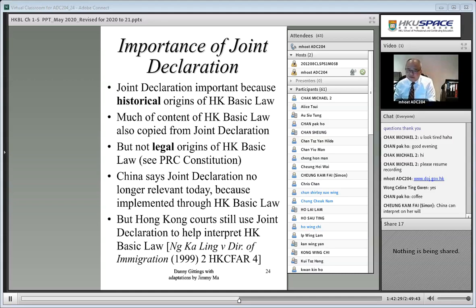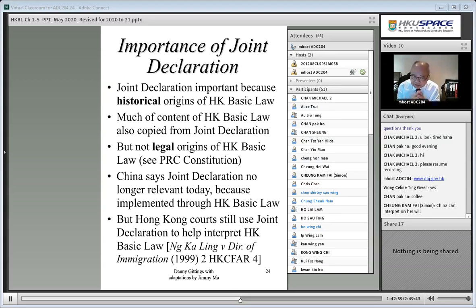By the way, when we talk about legal system and political system, we must go back to the constitution of that particular place or country in order to answer those questions. And in the case of the Hong Kong Basic Law, we had already looked at Article 31 of the Constitution.